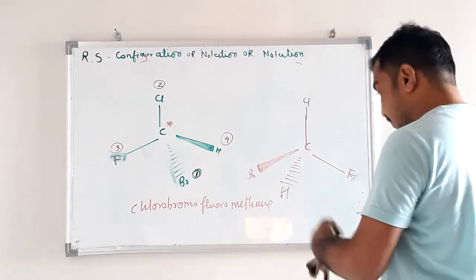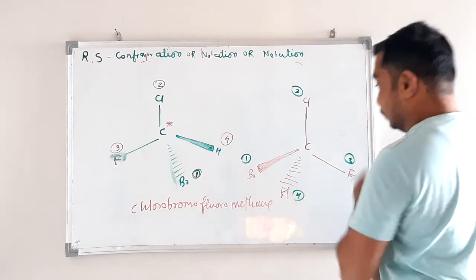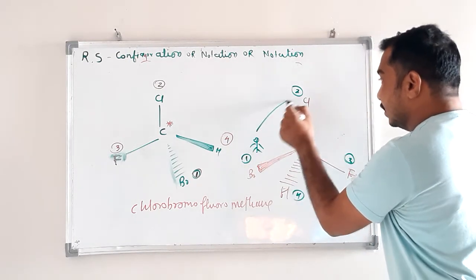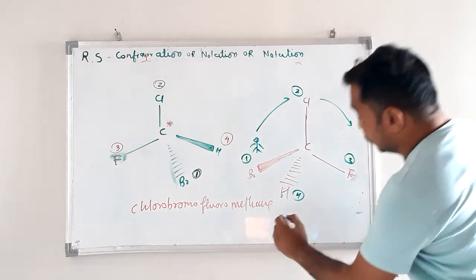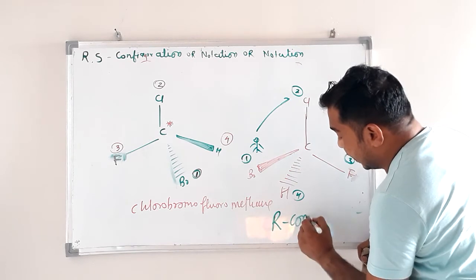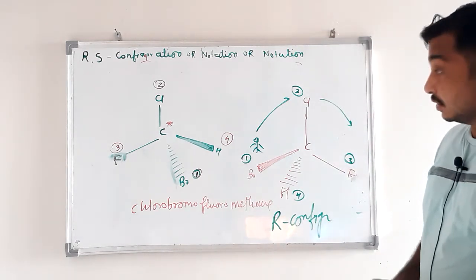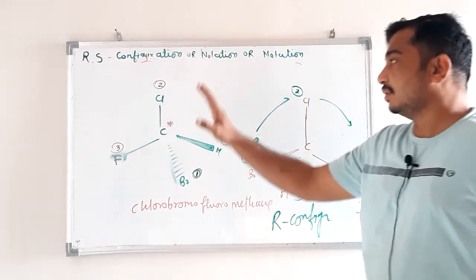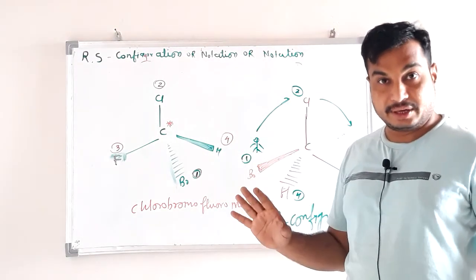Now the preference is the same, 1, 2, 3, 4. Then start moving from highest to lower, 1 to 2, 2 to 3. So clockwise rotation. So here R configuration, okay. So after rotation this compound has R configuration, okay.